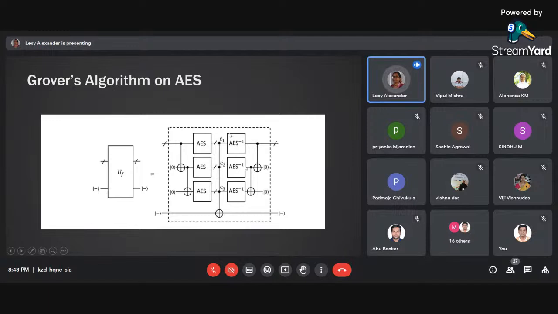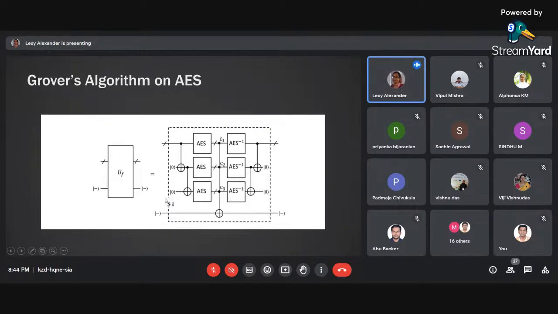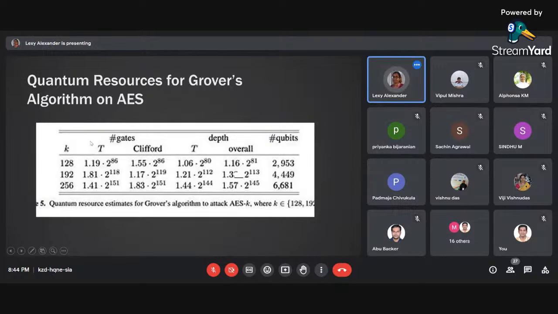After that, you have to recompute all the AES to reuse the circuit, so that is why this inverse is computed. This we can actually calculate; you have to go through the paper. So the total Grover search has 2 power 64 iterations, along with the 3 parallel implementations of AES. So this is the number of gates that is required.